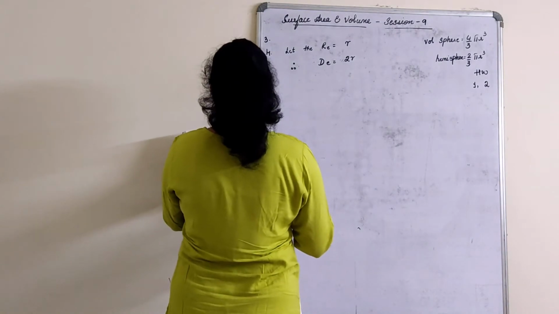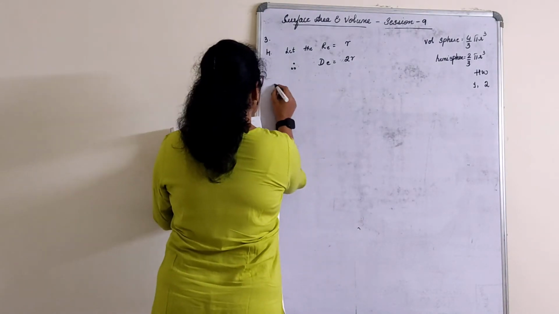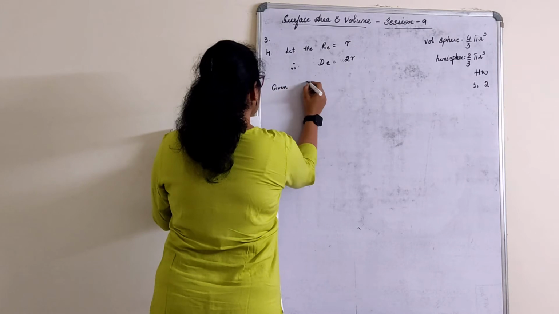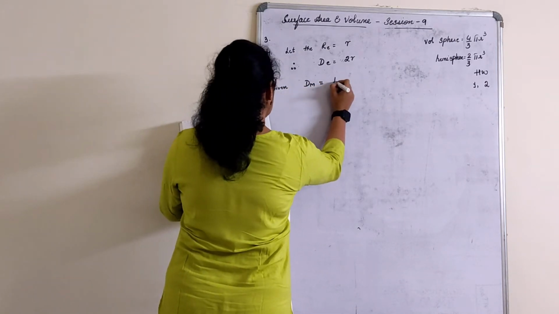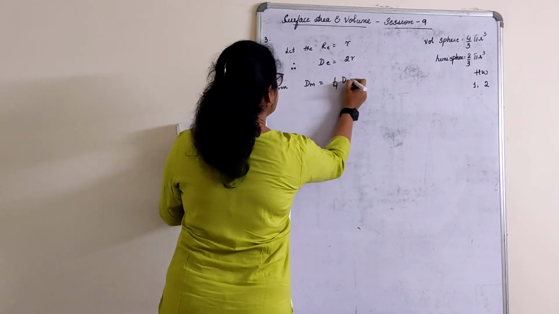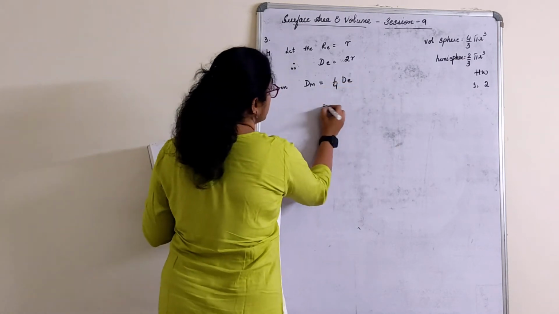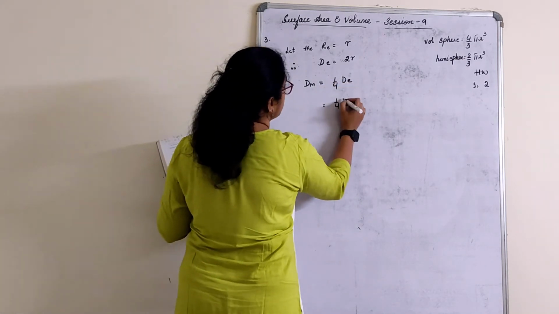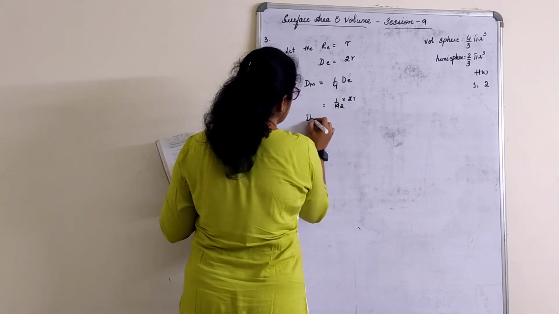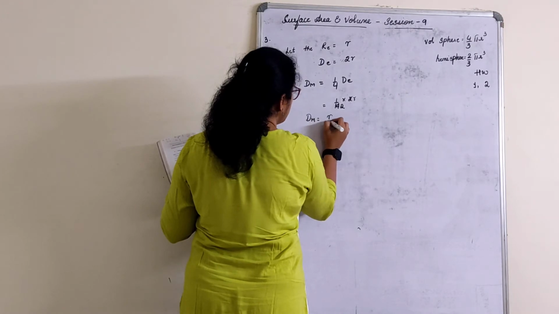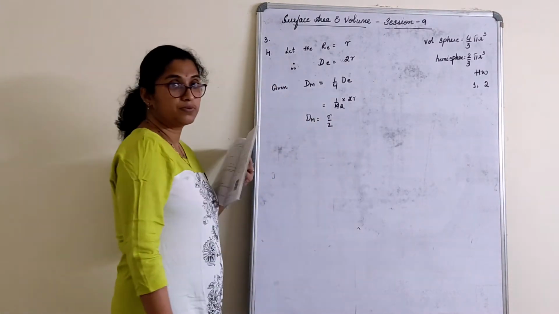Now what they have given here is the diameter of the moon. The diameter of the moon is approximately 1/4 the diameter of the earth. So this is 1/4 into 2R. So the diameter of the moon is equal to R by 2.